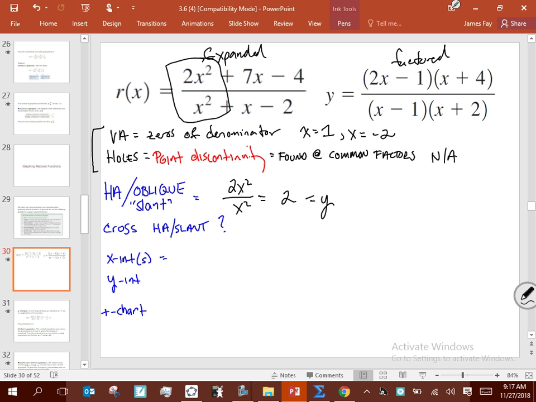If I'm left with a variable component, as we'll see in the next example, I then substitute very large numbers of x and see what I get. Do I get something like infinity or something like 0? That will tell me my next step or what my asymptote really is. So here we get a horizontal asymptote at the line y equals 2. Does that make sense?